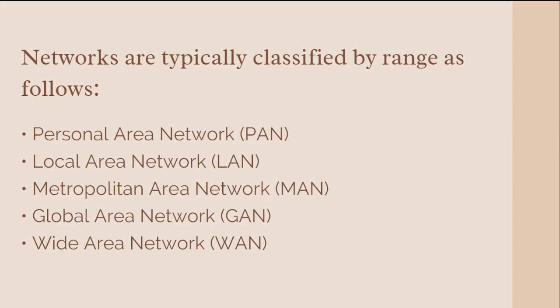It is a small wireless network that provides communication between personal devices such as smartphones, tablets, laptops, and wearable devices like smartwatches within a close range of 10 meters or less.